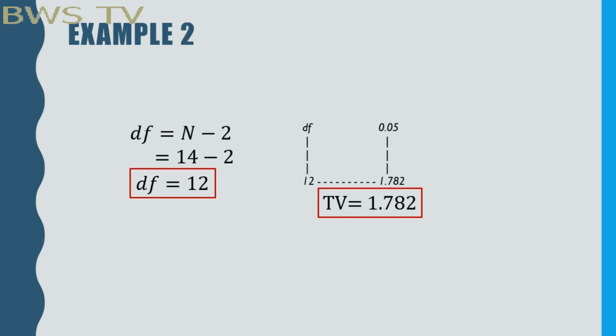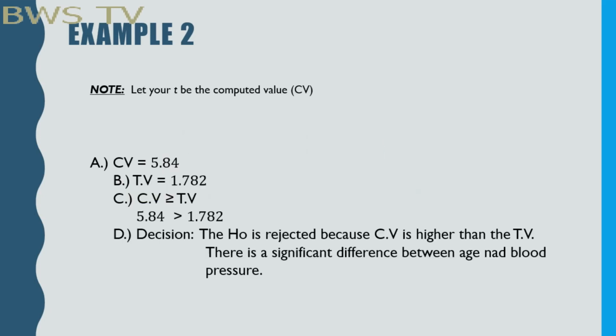After solving for the t-value, find the degrees of freedom and the tabular value. Here is a summary of answers. Since the computed value is higher than the tabular value, the null hypothesis is rejected.